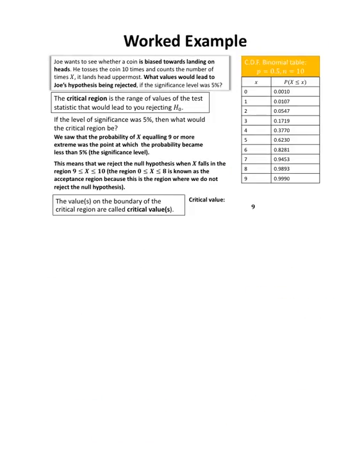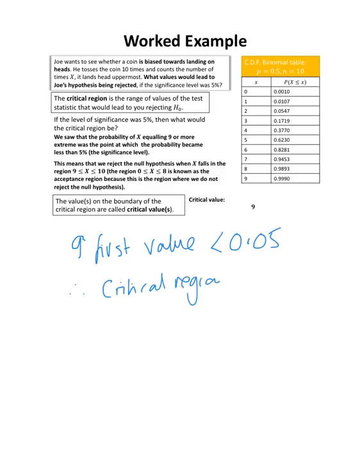So following on from this, because 9 is the first value to be less than 0.05, then we say that our critical region, remember there are 10 values altogether, is going to be where x is greater or equal to 9 and less than or equal to 10. 10 because there are 10 throws altogether, n equals 10.